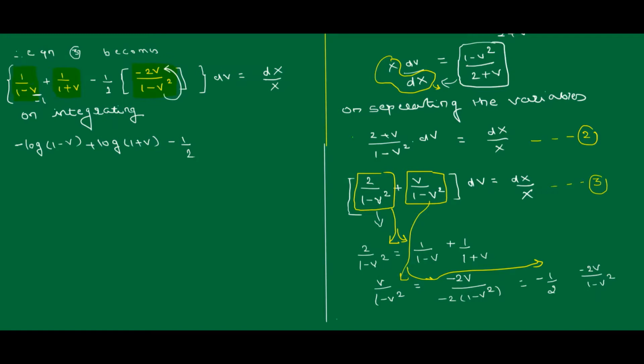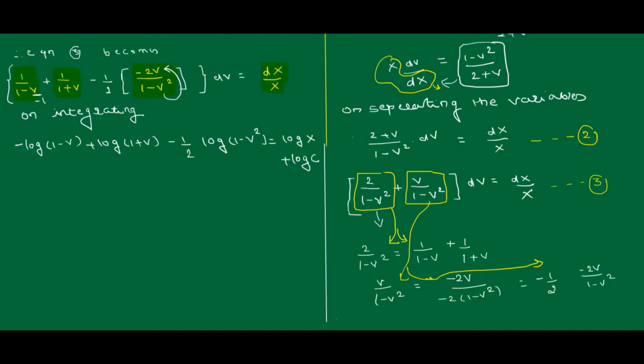So we can write logarithm of the denominator, logarithm of 1 minus v square, is equal to, what is integration of this right hand side dx by x? Right hand side dx by x, its integration is log x, and I will choose the integrating constant log c. And now we can write by using the property of logarithm.